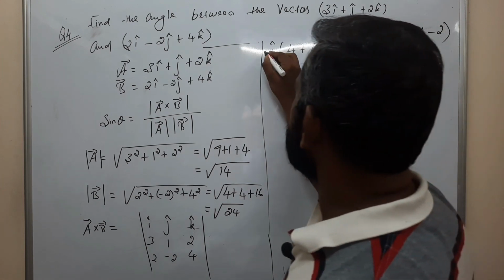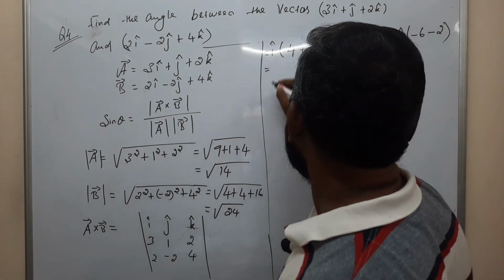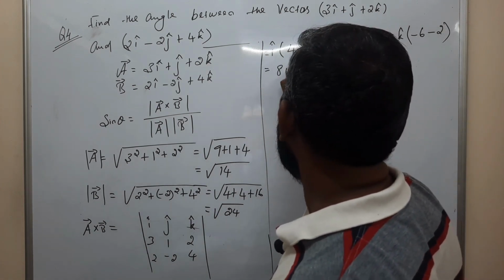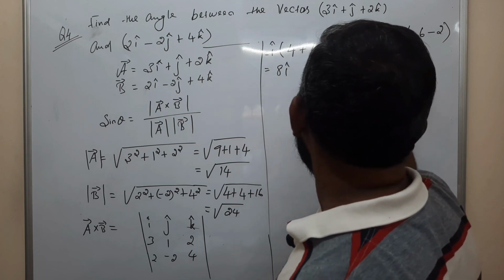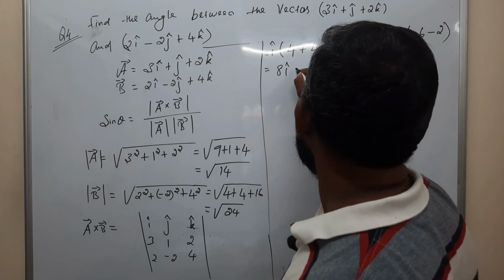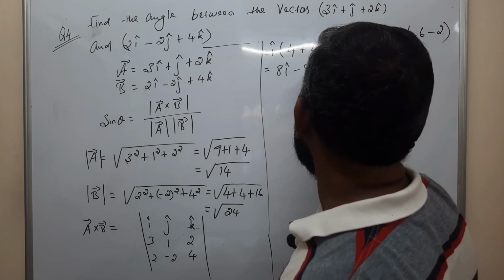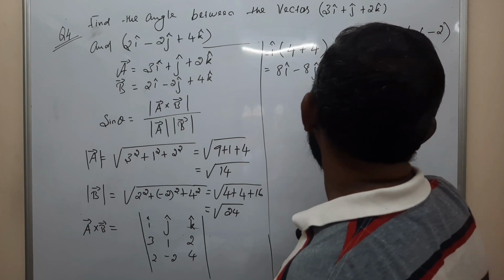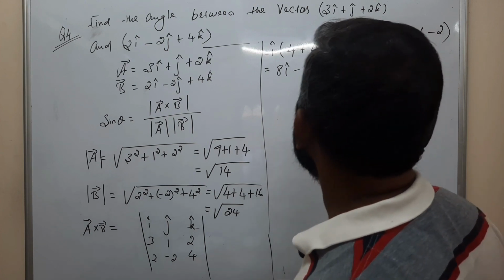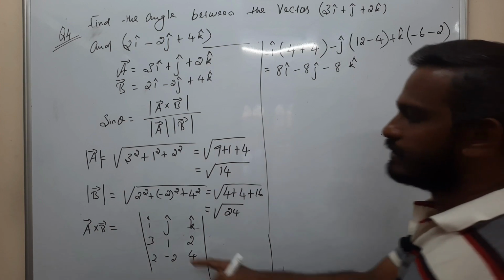So that's equal to 4 plus 4, 8 i cap, 12 minus 4, 8, minus 8 j cap, minus 6 minus 2, minus 8 k cap. So this is a vector cross b vector.